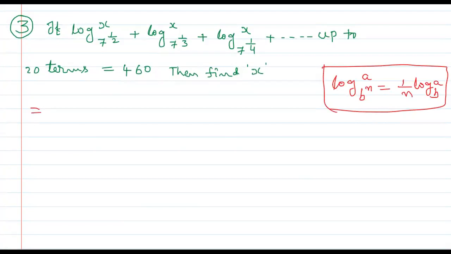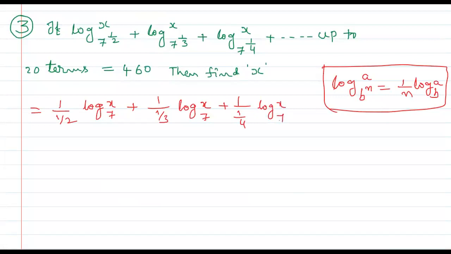First one will come 1 by 2 log x to the base 7 plus 1 by 3 log x to the base 7 plus 1 by 4 log x to the base 7 plus and so on, 20 terms, that is equal to 460.